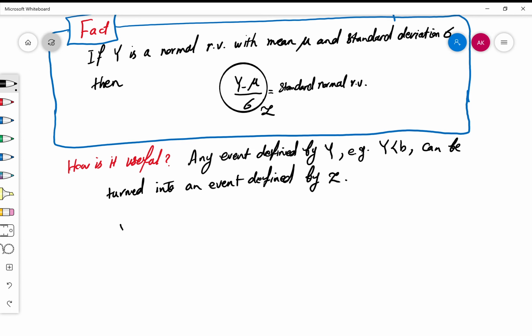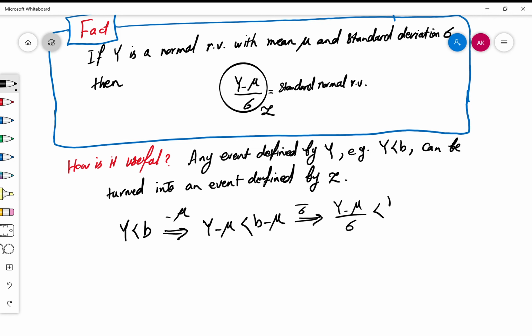How? Let us start with something like this. To be able to get to Z, I need to subtract mu from Y and divide it by sigma. So let's subtract mu from both sides of this inequality, so this will be b minus mu. Then we divide both sides by sigma. So it will be (Y minus mu) over sigma is less than (b minus mu) over sigma.